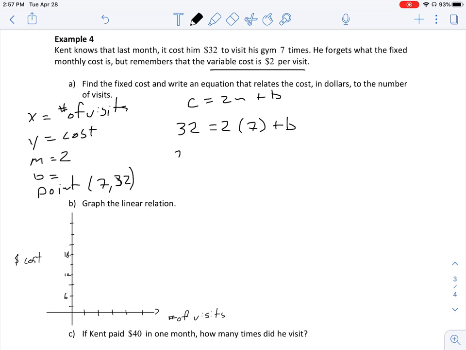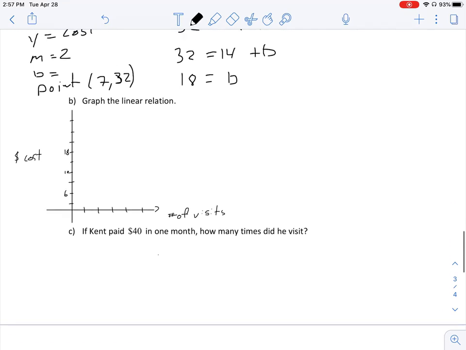Go ahead and perform the math. 32 equals 14 plus b. I end up getting 18 is our b value. So then therefore the equation, cost is equal to $2 per number of visits plus 18.